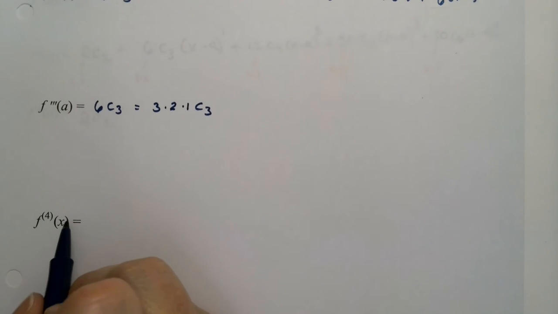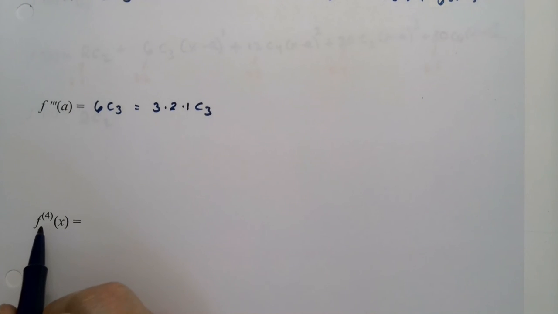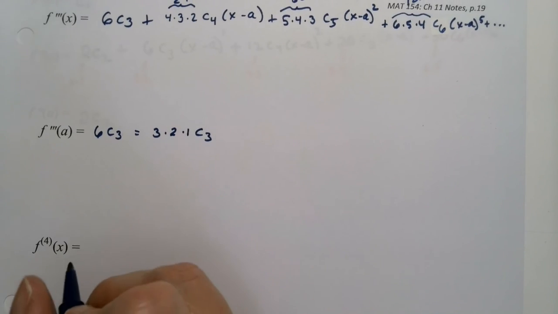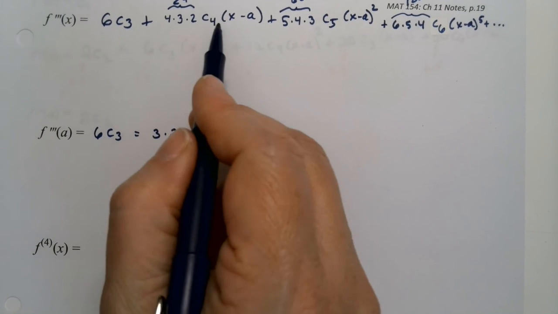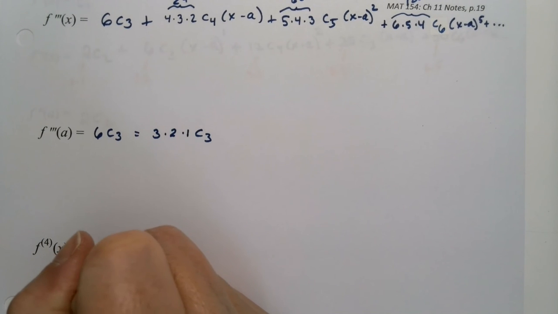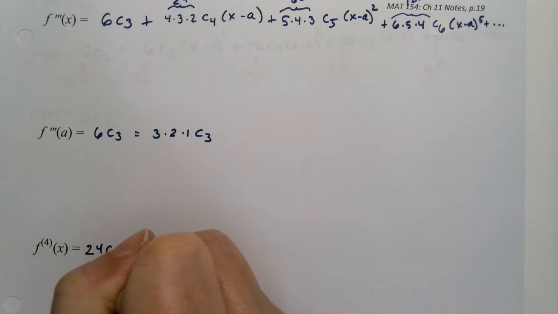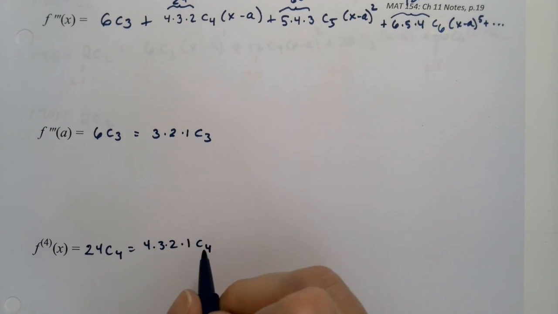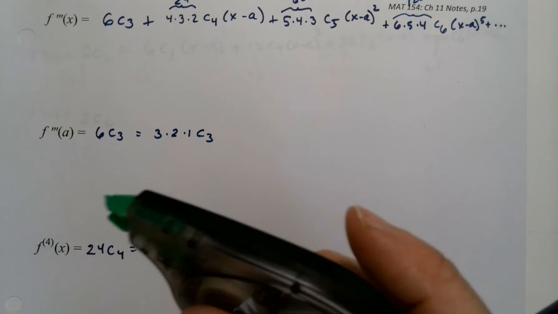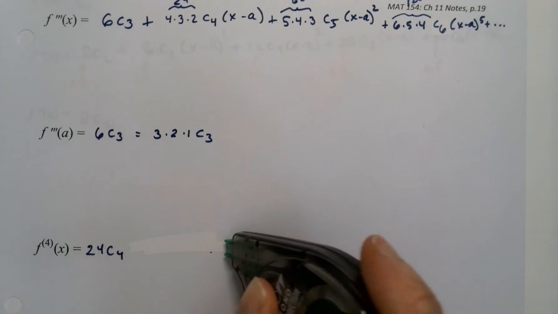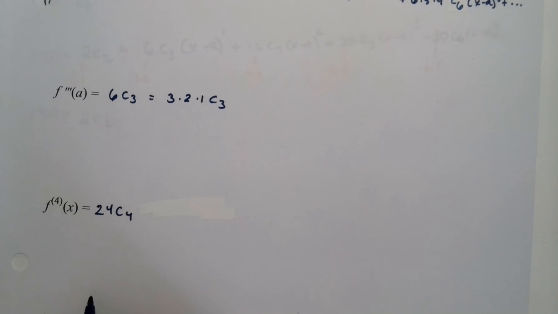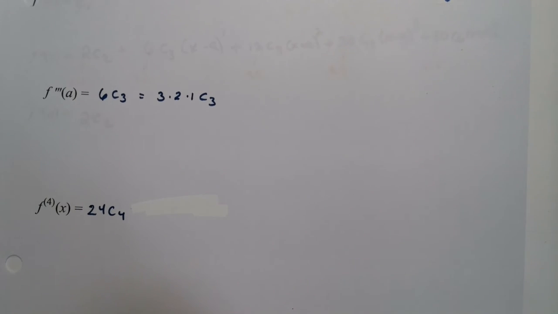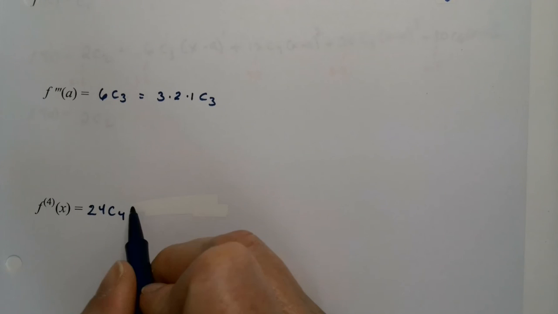Interesting. All right, now the fourth derivative, remember when it's in parentheses, that's another derivative. That would be, well, let's see, 4 times 3 times 2. So 24c4, aka 4 times 3 times 2 times 1, c4. Sorry about that. I was going to do it down here. So this one's 24c4, which is 4 times 3 times 2 times 1 c4. But I'll keep going.